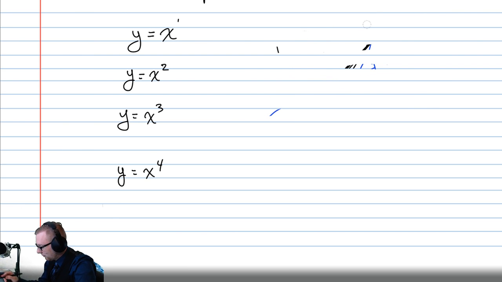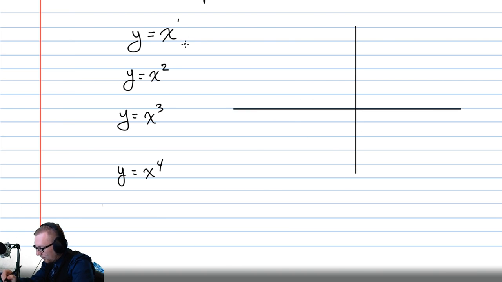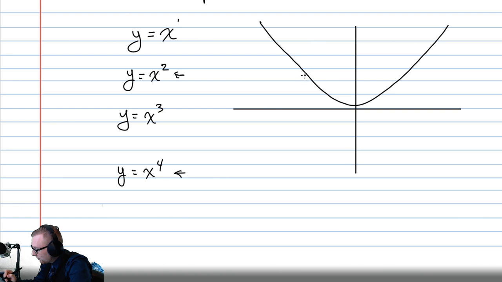Now, the even functions, like the parabola, the quartic, the sixth, the eighth, they go from this quadrant into this quadrant. That's the square, right? Yeah, with the even powers. Odd.